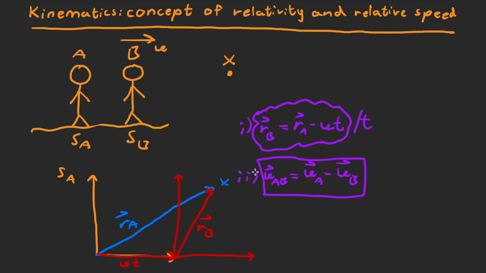It means that the velocity of A relative to B is equal to the velocity of A minus the velocity of B. And these relative perspectives are usually defined relative to the ground, which means the velocity of A relative to the ground, which is taken as stable generally, and the velocity of B relative to the ground.